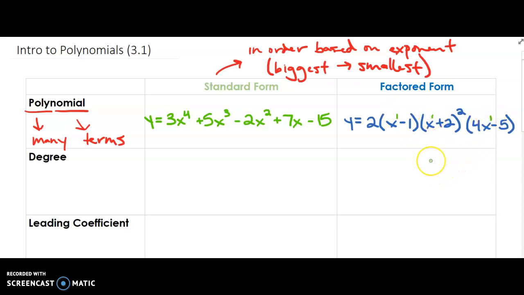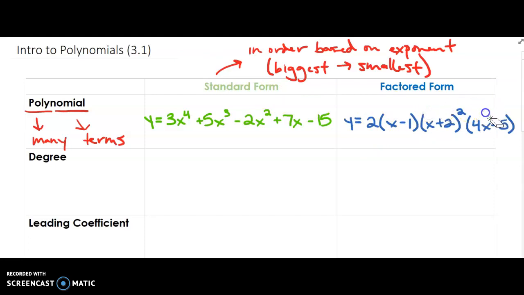And this is a good clue that tells us, hey, is this polynomial fully factored? If I see a bunch of x's with exponents of 1, probably fully factored here. All right, and so those are the two primary forms that we will deal with polynomials.